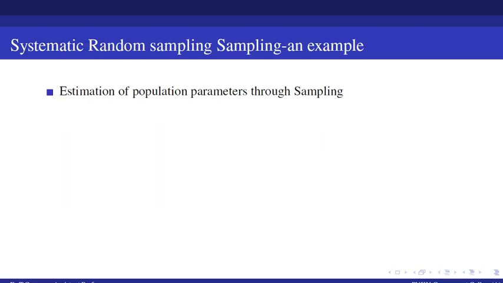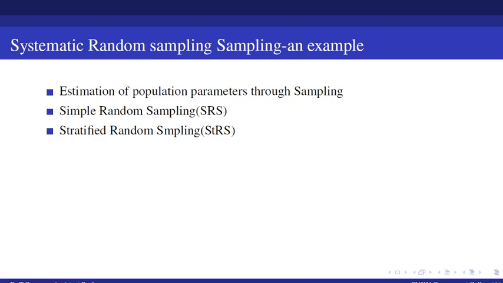So, to increase the precision and decrease the variance of estimates without increasing the sample size, we divide the total population into homogeneous subgroups or strata and then select samples from each stratum by simple random sampling technique.